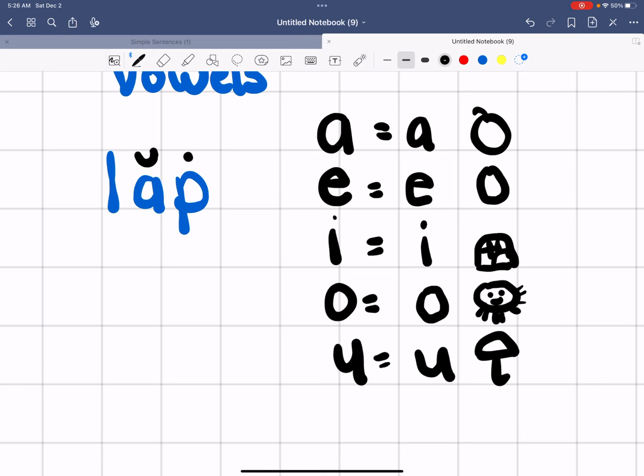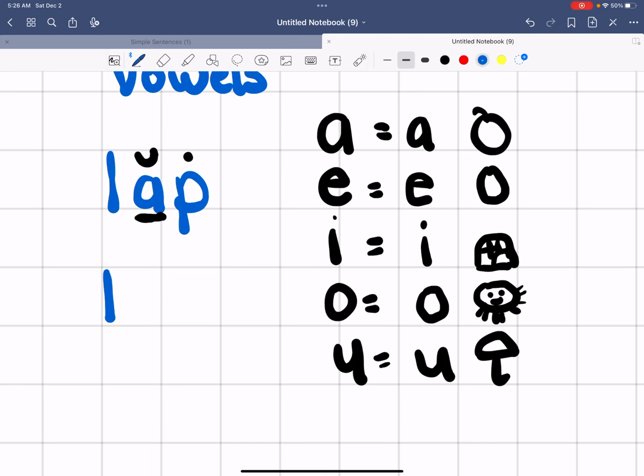Okay, so back to the word lap. The word lap says lap because the middle sound is an A sound, A as in apple. So now let's put all the sounds together. We have L, A, P, lap. So we have lap on one side.